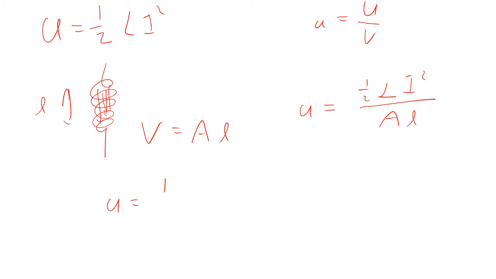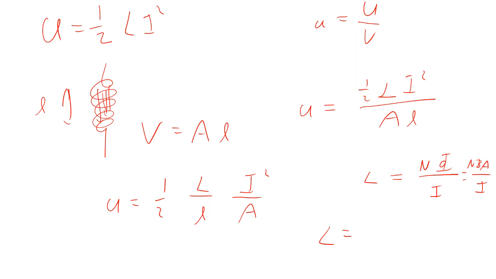Or we can rewrite this as 1/2 L over l, I squared over A. Well, if you look back in the book, when we were discussing inductance, we know that L is going to be N phi over I, where phi is the flux, so that's going to be NBA over I. And so the inductance, because it's a solenoid, is going to be equal to mu naught N squared A over l.